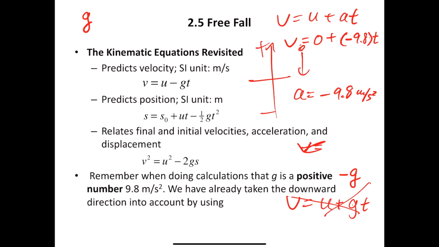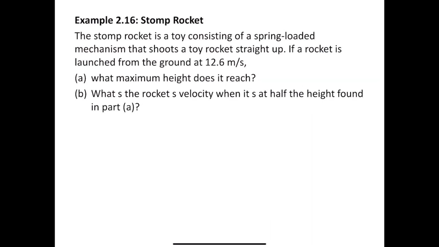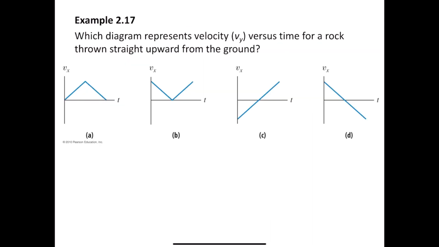If you insist on setting the coordinate downward as positive, in this case your acceleration is g. So the acceleration depends on your coordinate, but the value of g is always 9.8. Make sense? A lot of students are confused about this. The rest is just simple mathematics, so I won't spend time on it.